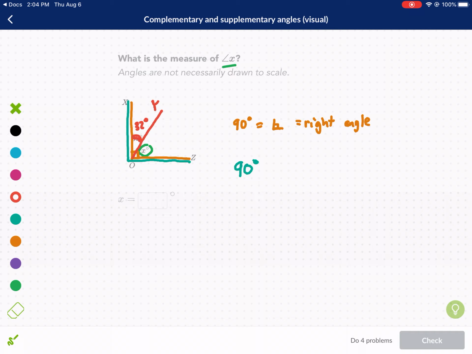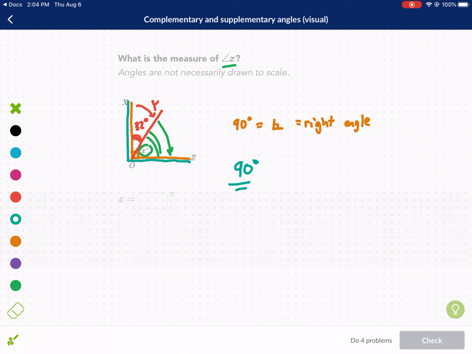Well, there's this angle here, and then let's draw this green angle here. And if we add these two angles together, so we add this red angle to the green angle, it will give us the big angle that we already drew, and we already know that it's 90.